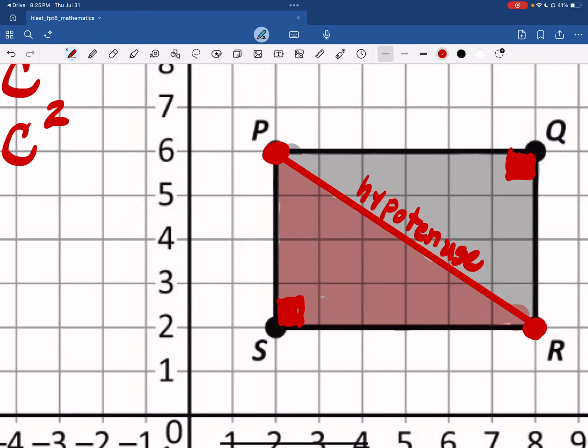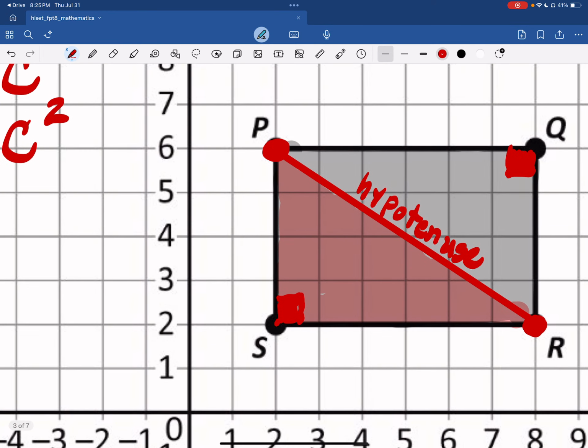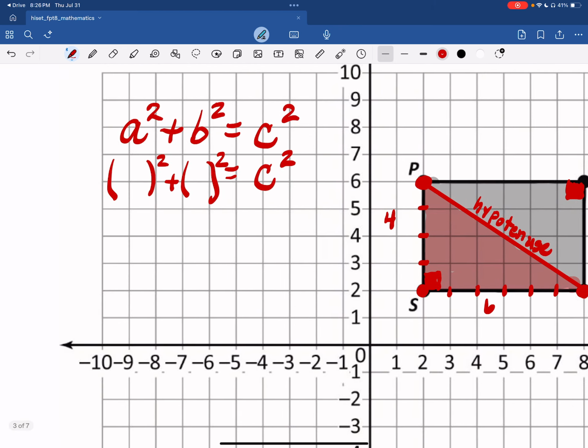So let's look at this section from P to S. There's S. I can count that's 1, 2, 3, 4 units. And from S to R, I can count 1, 2, 3, 4, 5, 6 units. So those are a and b.